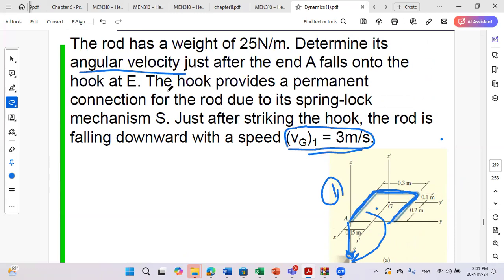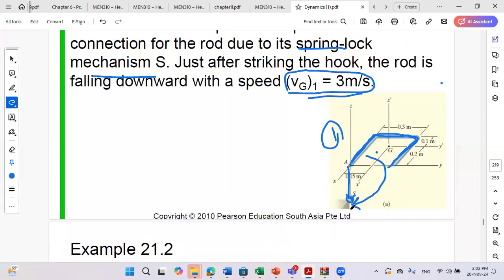But once it reached E, they said we have permanent contact between A and E, as if it became a rotation about a fixed point. So now the hook will provide a permanent connection for the rod due to its spring lock mechanism. So after this it will do rotation about the hook.